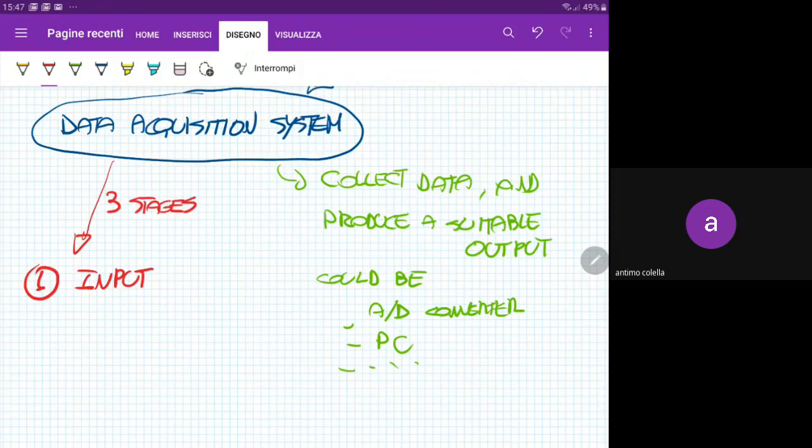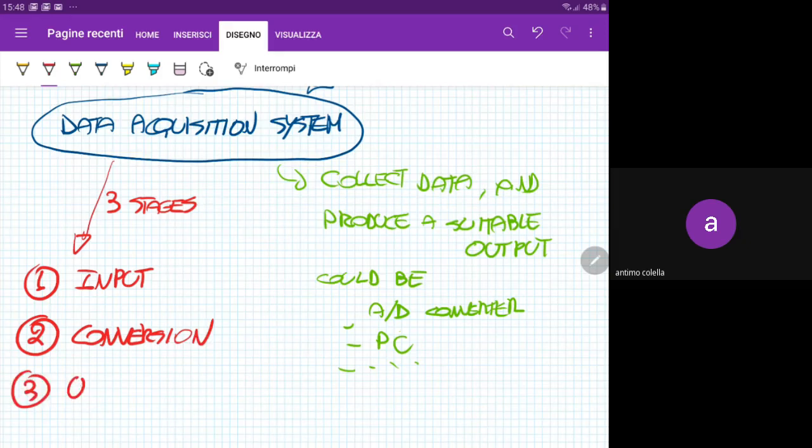The first one is the input stage. The second one is the conversion. And the third one is the output itself.